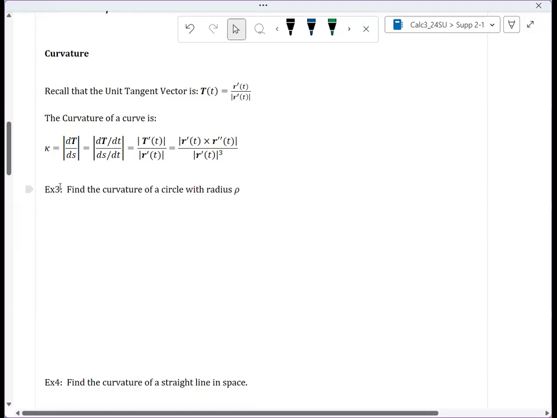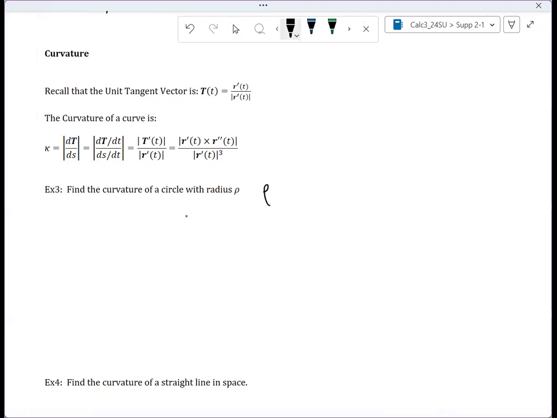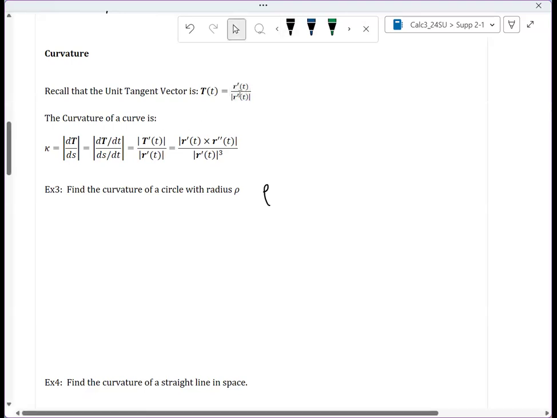Okay, so let's try to find the curvature of a circle with radius rho. Here I'm using the Greek letter rho, which looks kind of like a p, because we're already using r to represent our vectors up here.